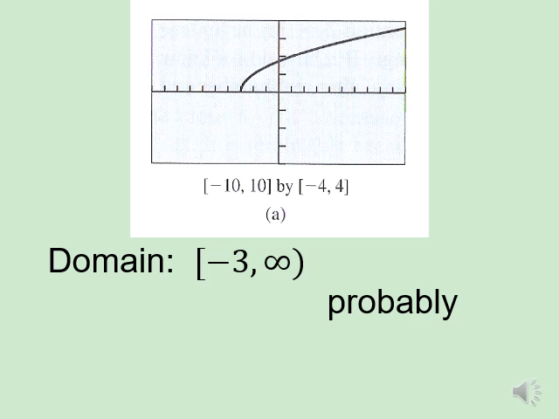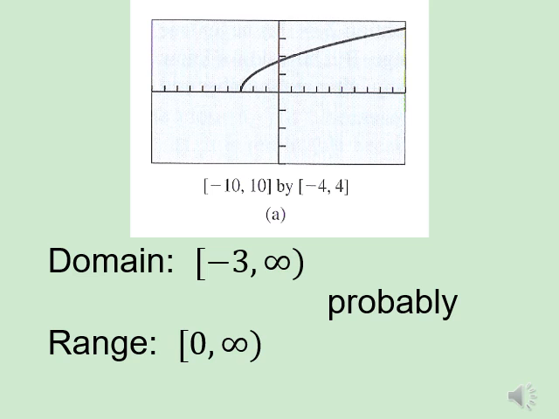Now the reason I put probably here is that I don't know for sure what's happening exactly at -3. And it might be that this is actually an open interval where I'd put parentheses there, but looks to me like, yeah, it starts at -3 and then it just keeps on going.